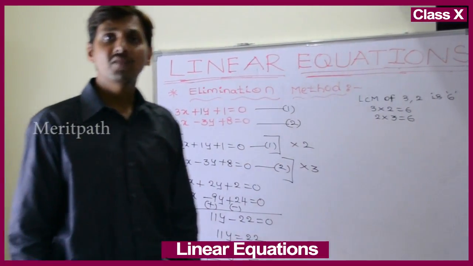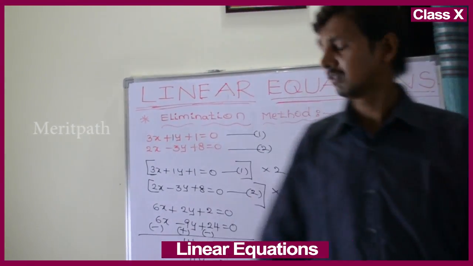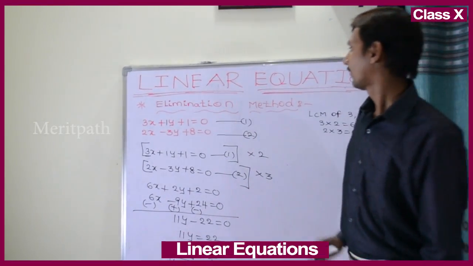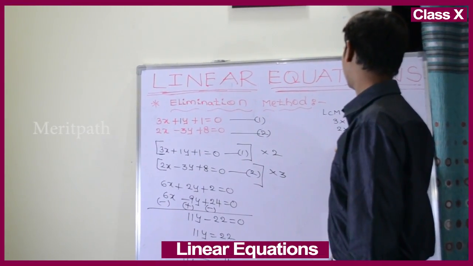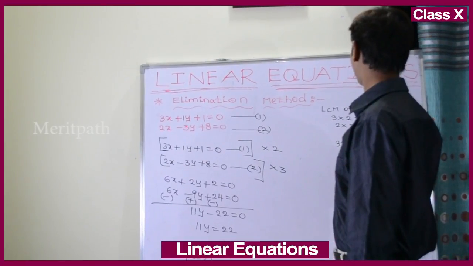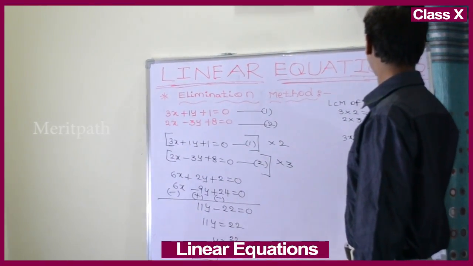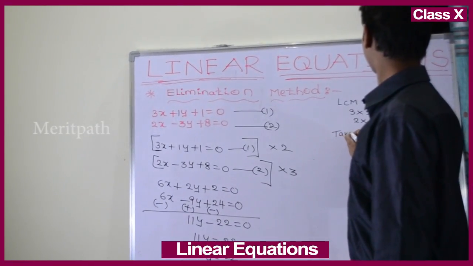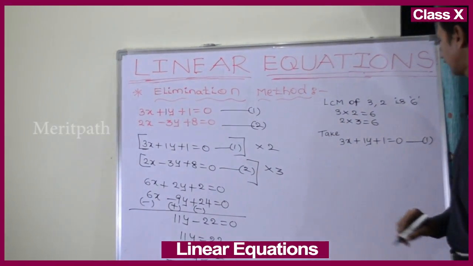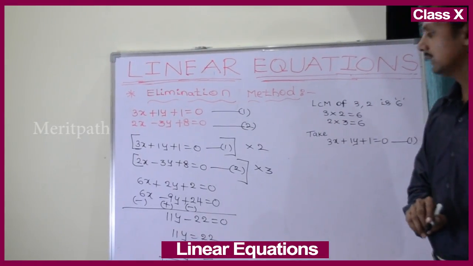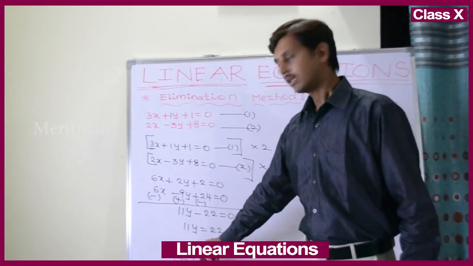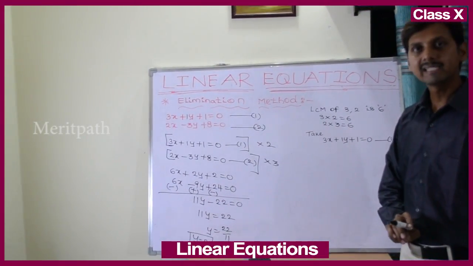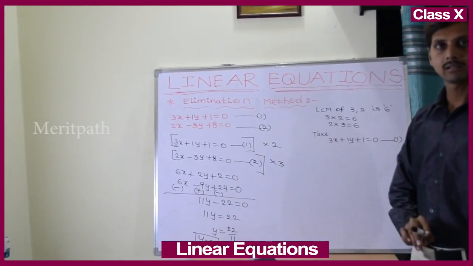To find the value of x, let us take one of the equations, either 1 or 2. 3x + 1y + 1 = 0, the first equation. Take the first equation and substitute the value of y in it. We get the value of x.